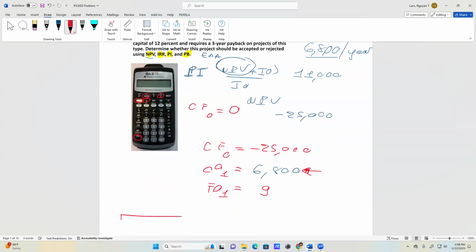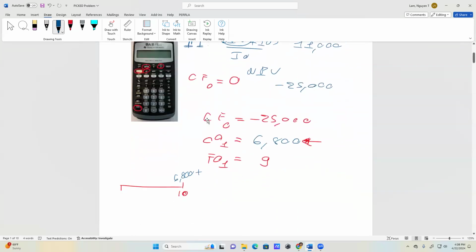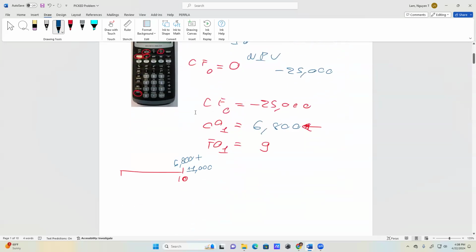The reason why is that at year 10, you're going to have 2 payments. You're going to have the 6,800, and you also have the terminal cash flow, which is the 11,000 right here. So at the end it's going to be 6,800 plus 11,000. So for the F01 right here, I want you guys to hit 9.